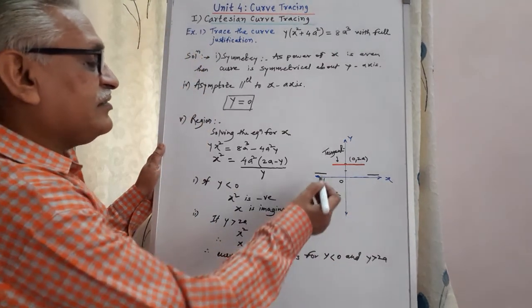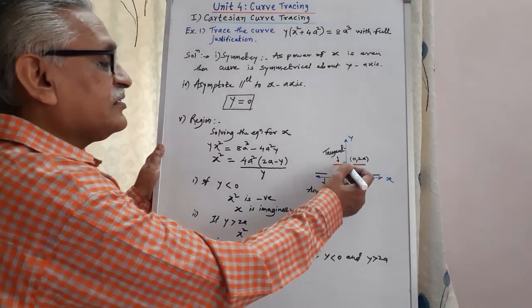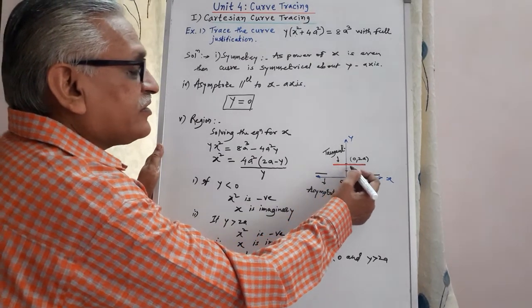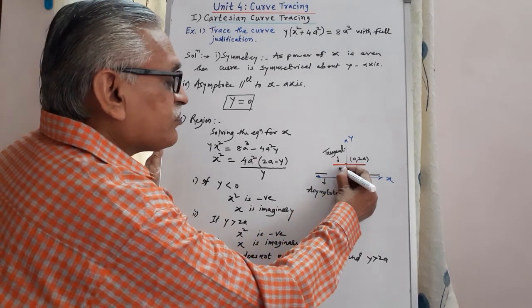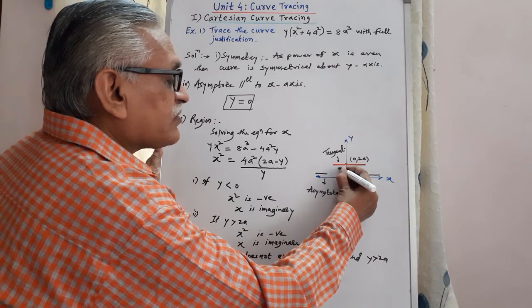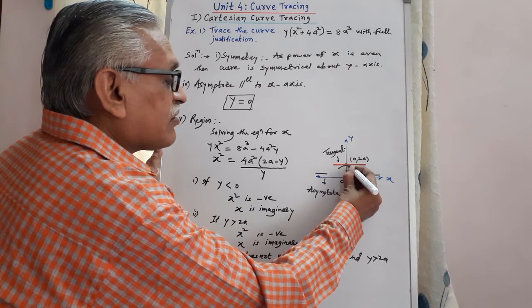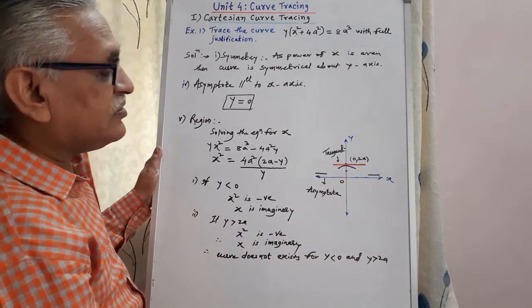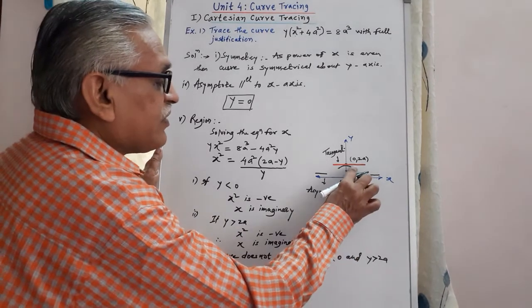Okay, as this line is asymptote, this line is a tangent, and as this line is tangent, the part of the curve we have to make slightly parabolic.